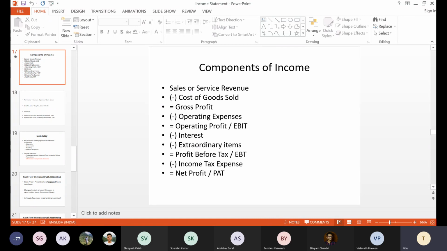That you can only know if you look at the numbers: gross margin, operating, every kind of profit has a different significance. For example, if we talk about the gross profit, how can we improve our gross profit, as we were discussing yesterday? Either you need to increase your revenue or you need to decrease your cost. Now, how can you decrease your cost?